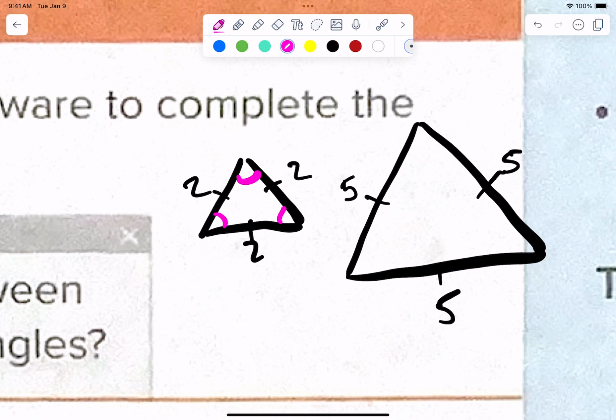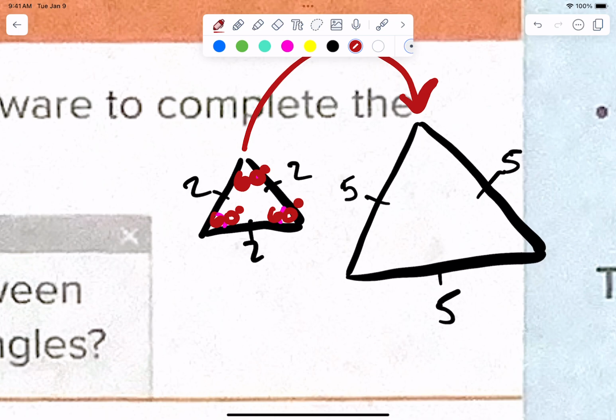What do all the angles add up to be? 180, right? So what's each one of them? 60. 180 divided by 3 is 60. So this guy's 60, this guy's 60, and this guy's 60. Now, this triangle is equilateral also and larger than the smaller one.